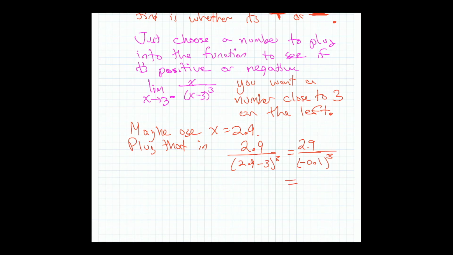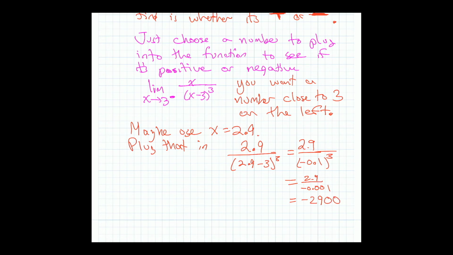Let's find out. So that's 2.9 over negative 0.001. And so that is negative 2,900.